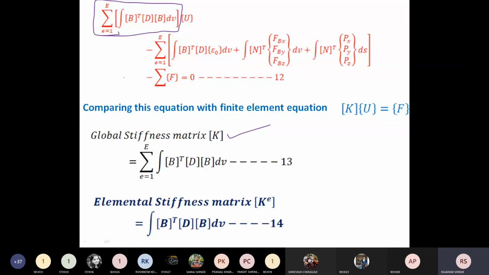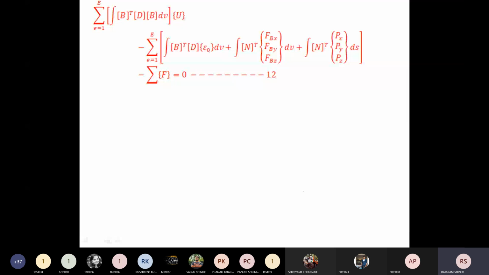Now force matrix. Okay, then I will go for force matrix. Now this is summation for all elements, and when we want to write the elemental stiffness matrix, just the summation term will be removed. As the global stiffness matrix is the assembled stiffness matrix, for a single element your stiffness matrix is B transpose dB dV. Okay, that I will explain.